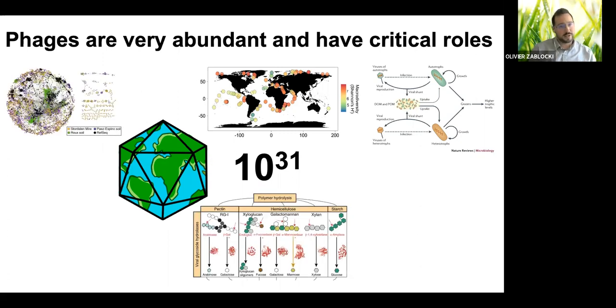In soils, for example, this is still a nascent field, but we are seeing a great diversity of soil viruses, as well as the presence of accessory genes, most commonly called auxiliary metabolic genes, that encode functions that participate in the breakdown of plant-derived polysaccharides. So this could also have repercussions in the recycling of nutrients in soil.